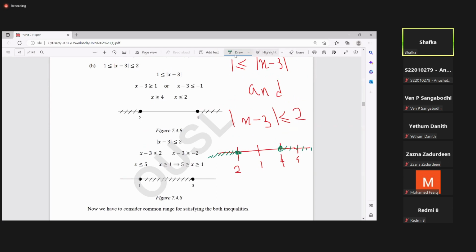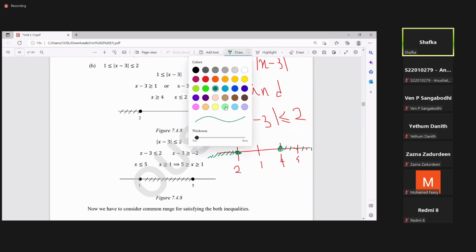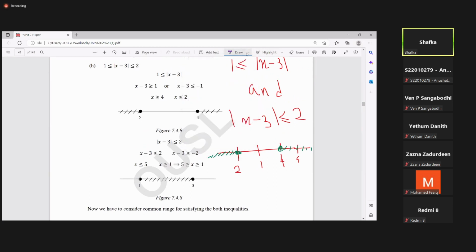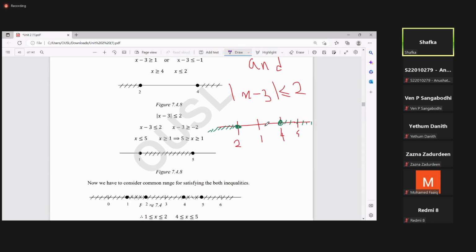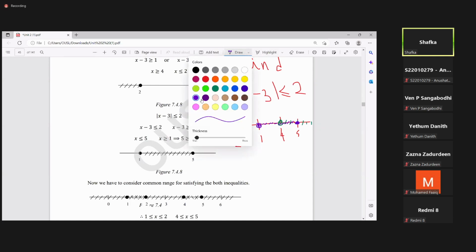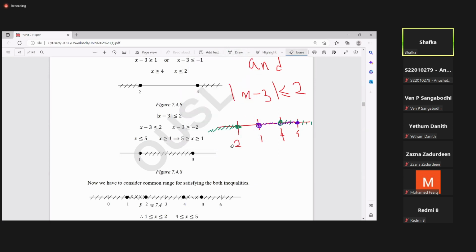What is the solution for the second one? The solution for the second one is numbers including 1 and including 5 in between these. Sorry, I missed it over there. This should be changed. This is 2 and this is 1.